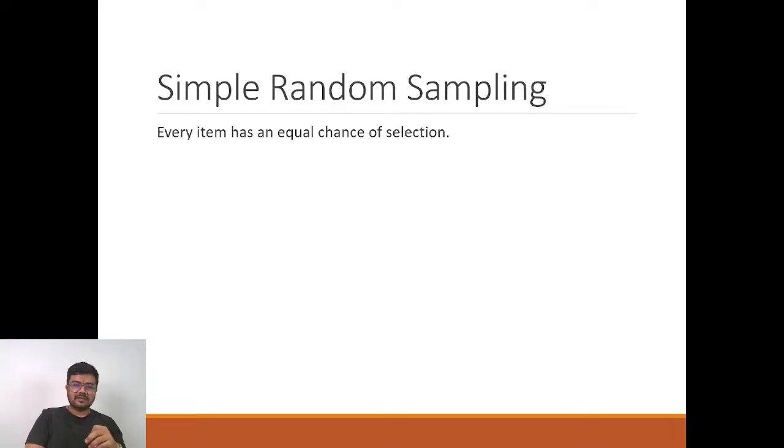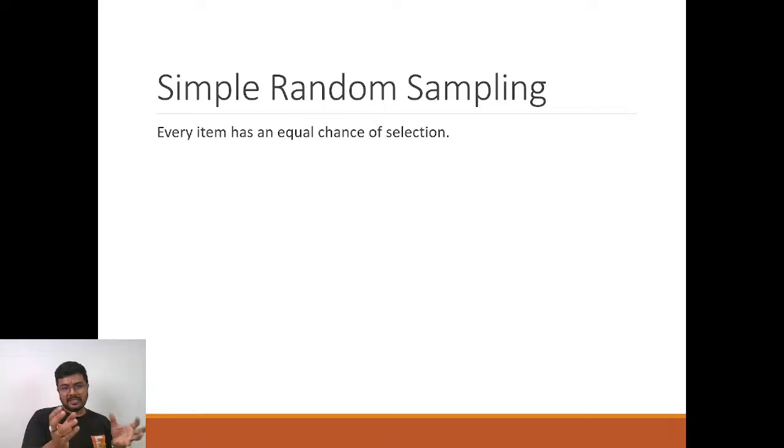So first is simple random sampling. It is as simple as it gets. Basically, you have a pool of 100 students and each student has an equal chance of getting selected. For example, I am sitting here and I've asked them to put their numbers in a bowl, and I put my hand in the bowl and take out a number, and whatever student that number is associated with would be asked to come forward and be part of my sample.